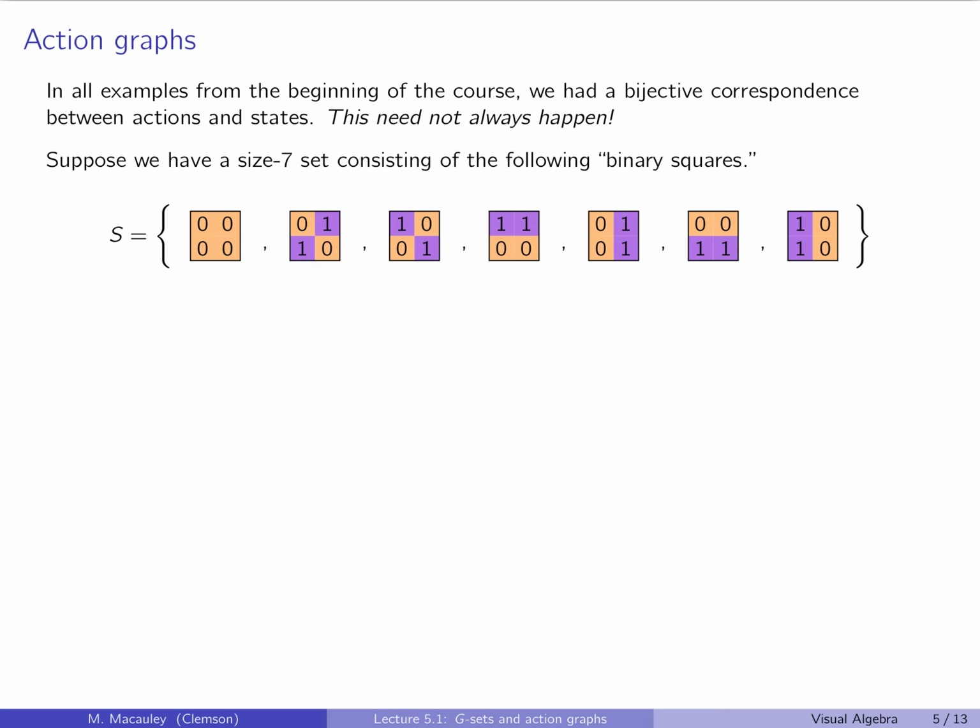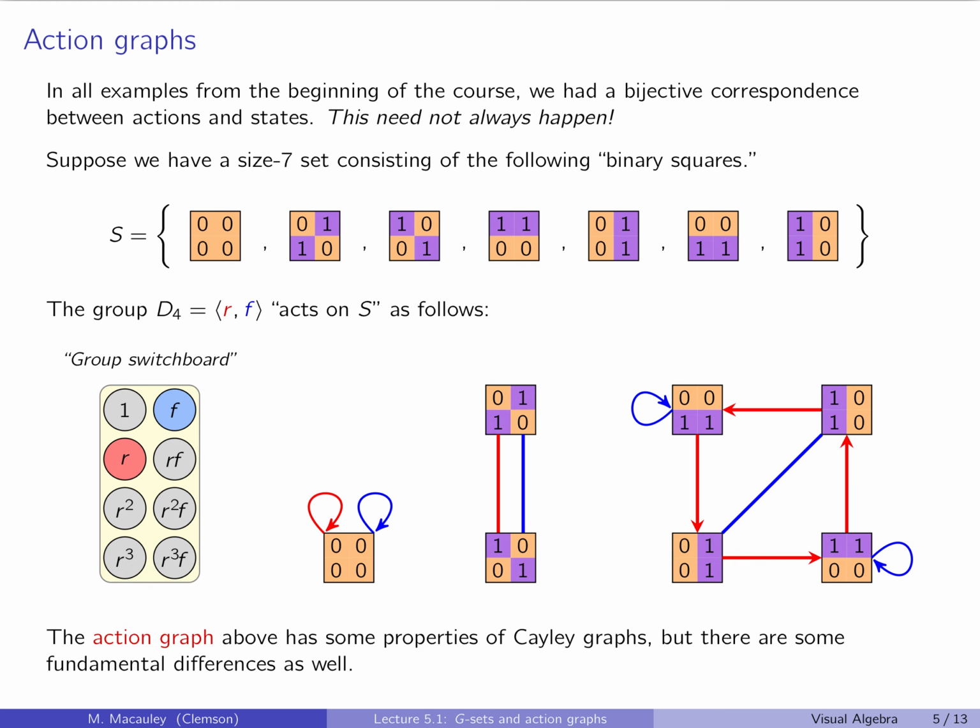Suppose we have a size 7 set consisting of the following, what I call binary squares. The dihedral group D4 acts on the set S as follows. I'm going to describe it intuitively before formalizing it mathematically.